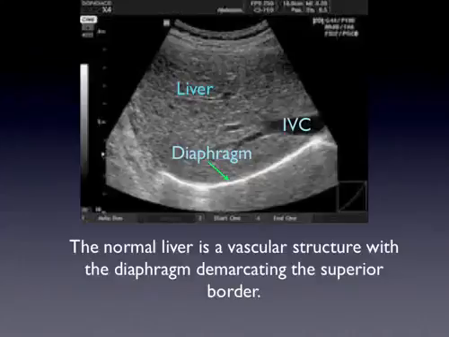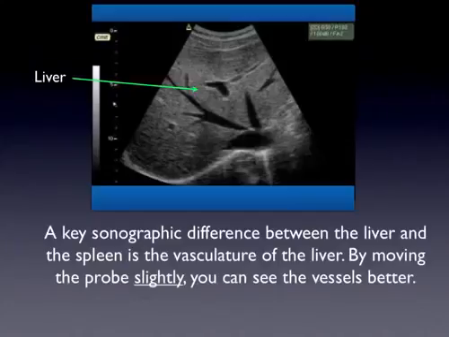And over here you see the liver in the middle of the image. The diaphragm, which will move up and down, appears as a hyperechoic, a white line, and the inferior vena cava will be an anechoic area. The normal liver is quite vascular, unlike the spleen, which is relatively avascular.